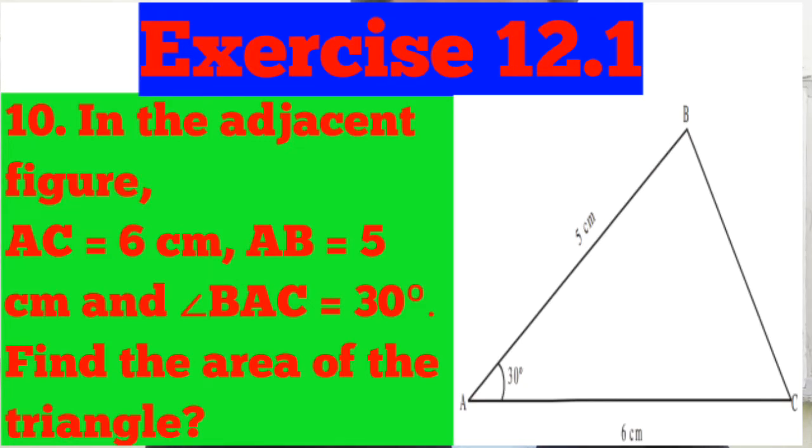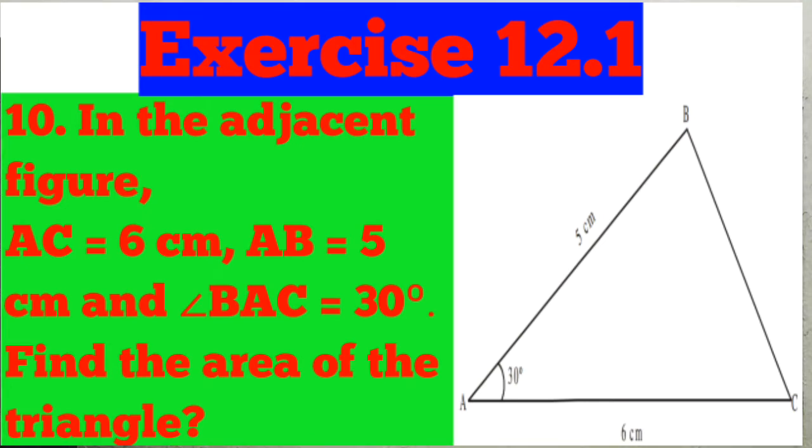In the given figure, AC equal to 6 centimeter, AB equal to 5 centimeter and angle BAC equal to 30 degrees. Find the area of the triangle. So given a triangle here ABC.